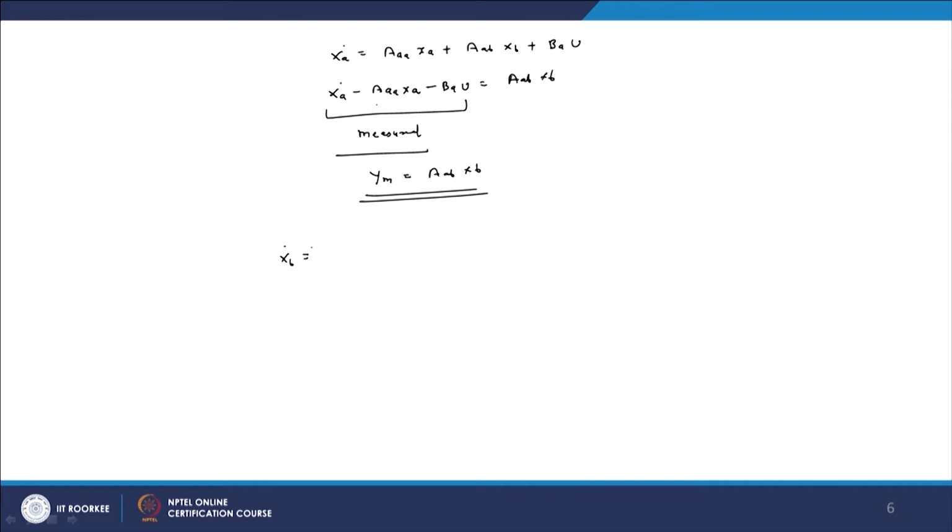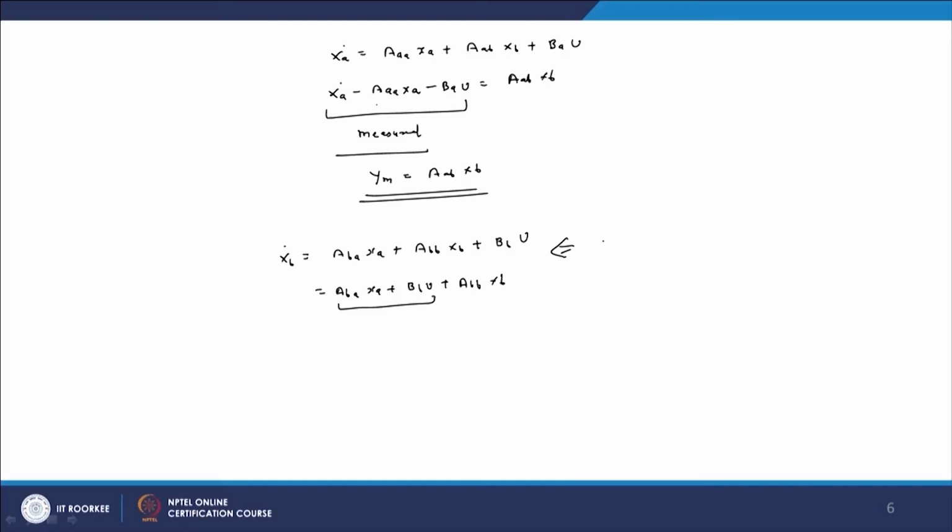Therefore, the unmeasured portion can be written as XB dot equal to ABA into XA plus ABB into XB plus BB into U. Now, here also we will find that this portion ABA XA plus BB into U is the known quantity in the unmeasured state equations, and ABB into XB is the unmeasurable portion of the state equation.